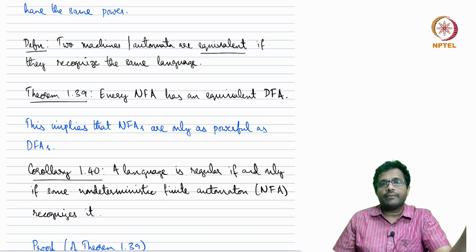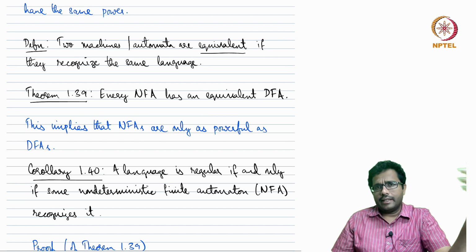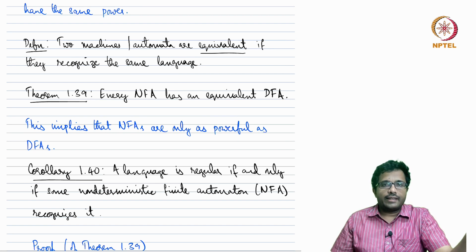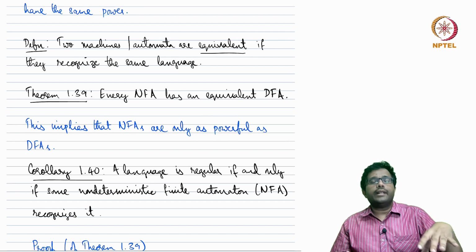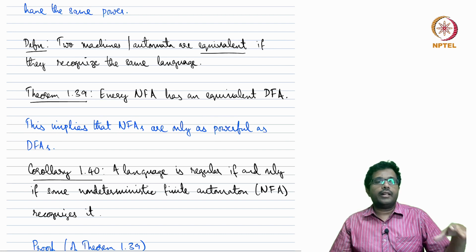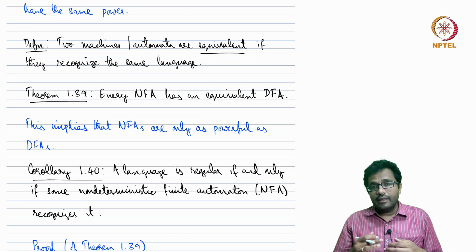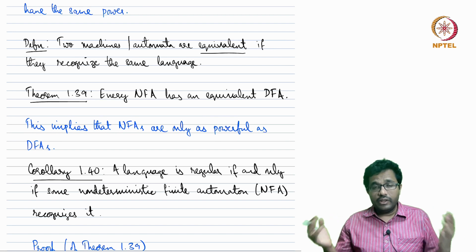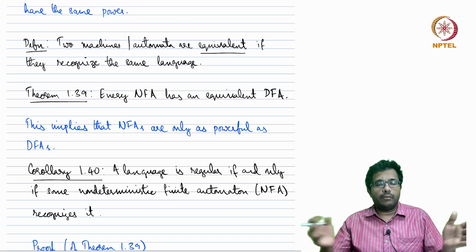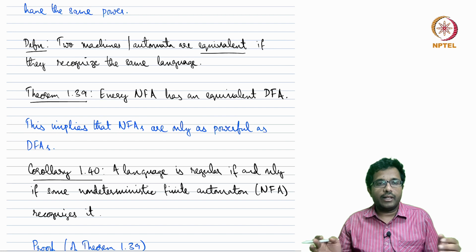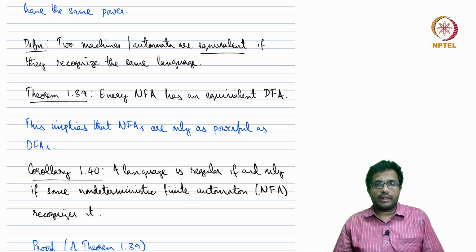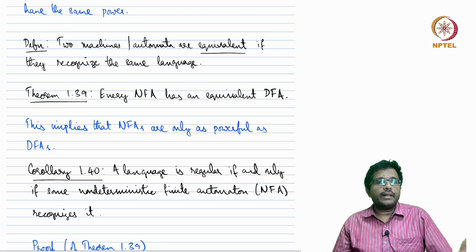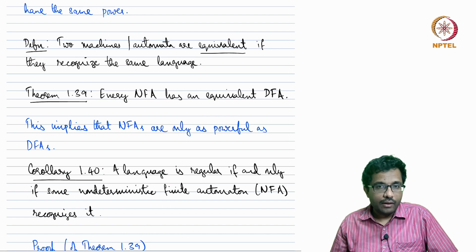Even in the last lecture I mentioned this: it is clear that a DFA can be viewed as an NFA. A DFA is already an NFA where we don't make use of multiple arrows with the same symbol, and we don't make use of the epsilon transitions. So a DFA is automatically an NFA.